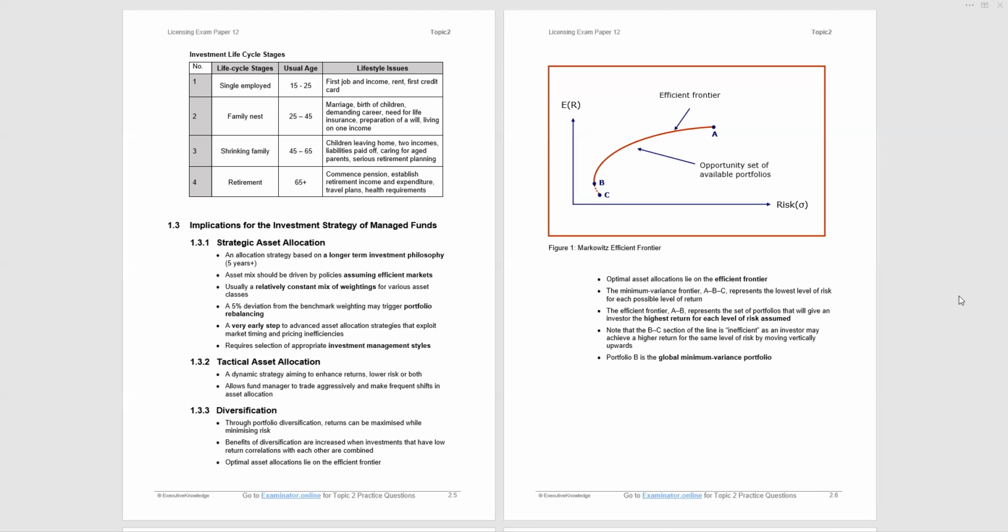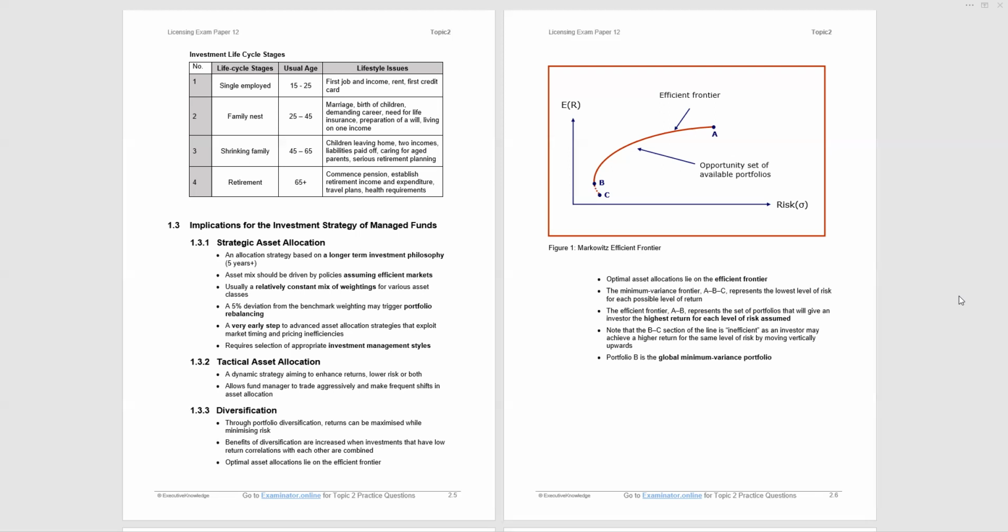And overall, diversification, very important at paper 12. Through portfolio diversification, we're looking to maximize returns while minimizing risk, and we're going to look at a diagram for that very shortly. Benefits of diversification are increased when investments have low return correlations with each other and they're combined.